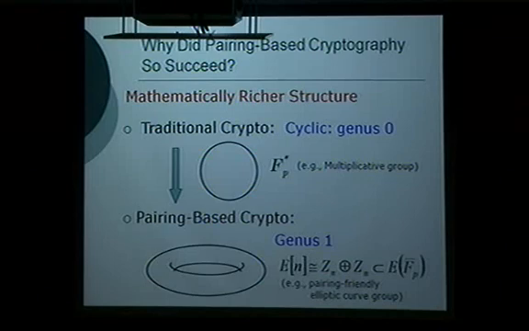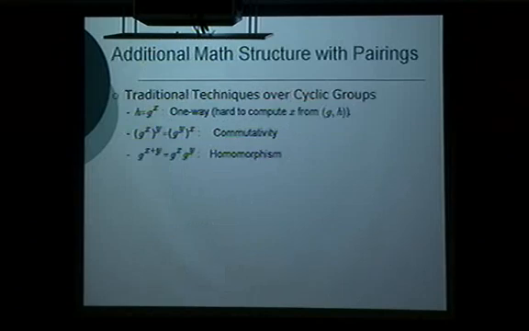So, how are pairings used in cryptography? Just a genus zero structure provides us one-wayness, commutativity and homomorphism.